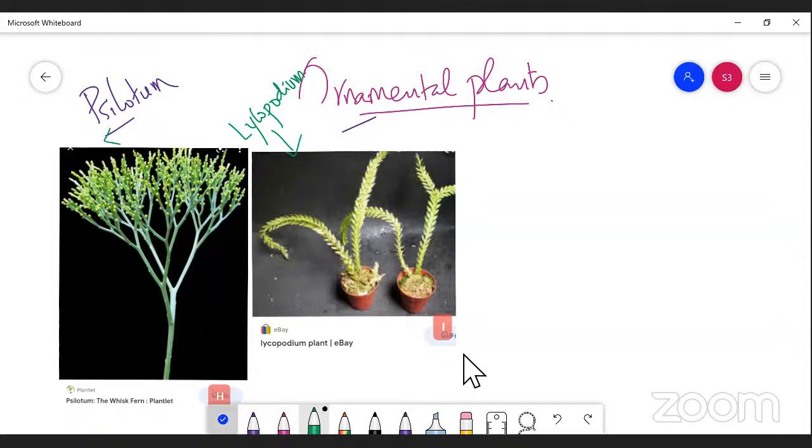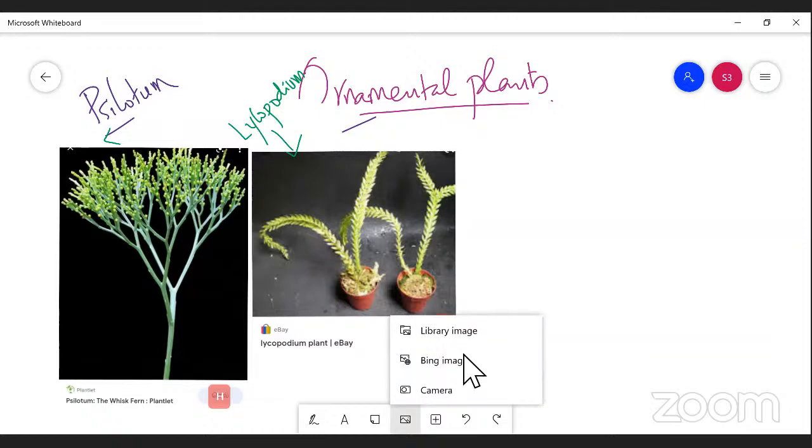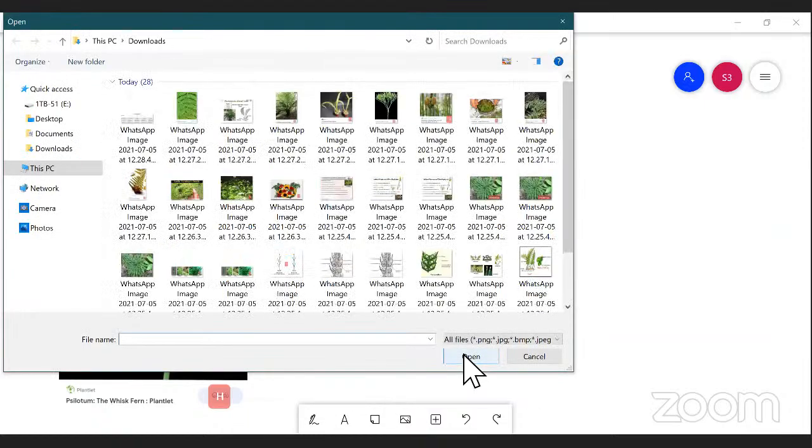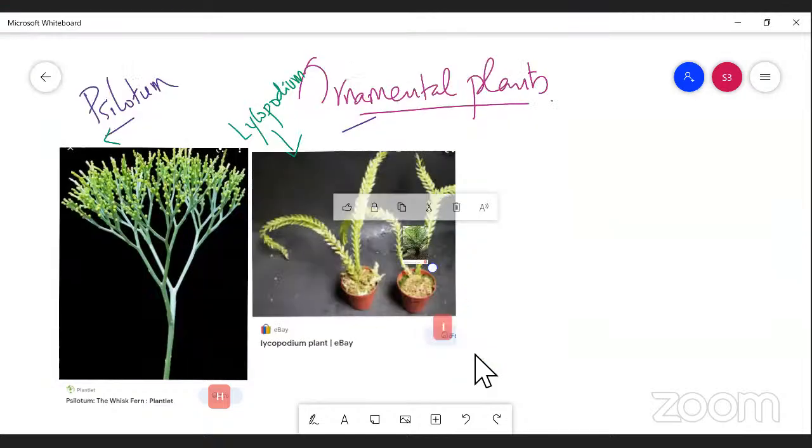And the third plant is Selaginella. It is a plant.